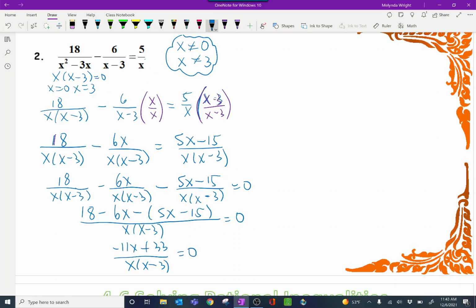Now our next step is to eliminate the denominator. Remember, the 0 would wipe that denominator out, so we're just going to look at negative 11x plus 33 equals 0. Let's solve that. Move the 11x over. Oops, it's positive over there.